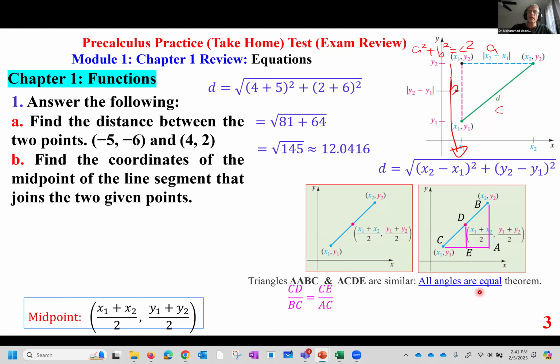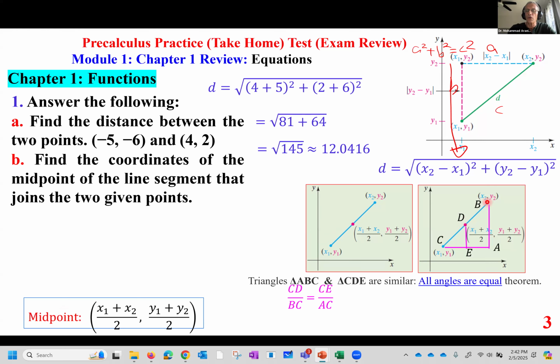Therefore, we can write CD from the smaller one over BC from the larger one is the same as CE from the smaller one to AC, the bigger triangle. Now, because we are interested in the midpoint, D is chosen to be between the 2 points C and B. Because these by choice between the two, this distance and this distance, that means CD and BD are identical.